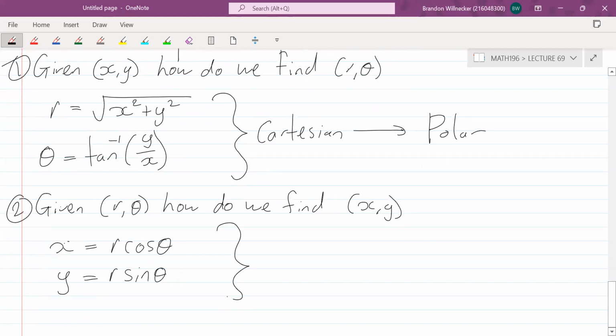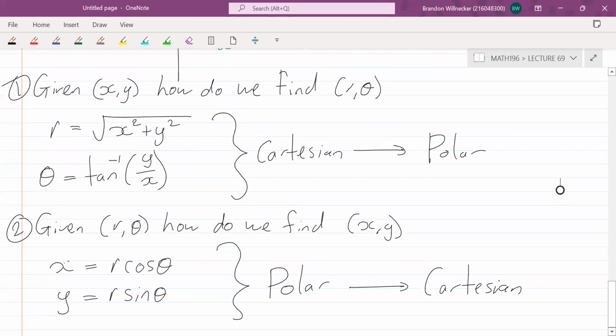Well, I can do it the second way. Okay. So I can use either of these methods to go back and forth between Cartesian and polar coordinates. Okay, any questions so far?